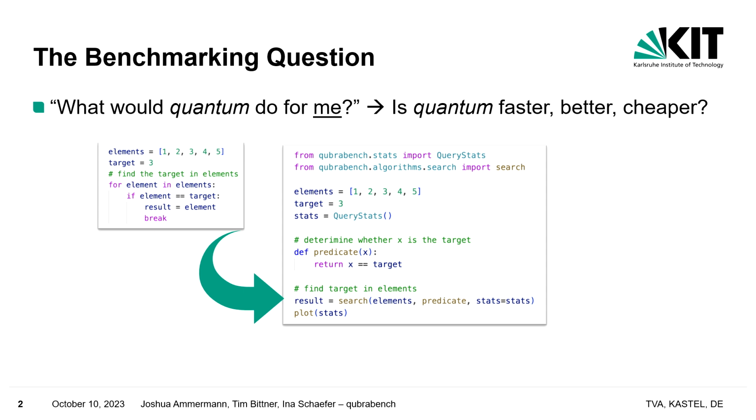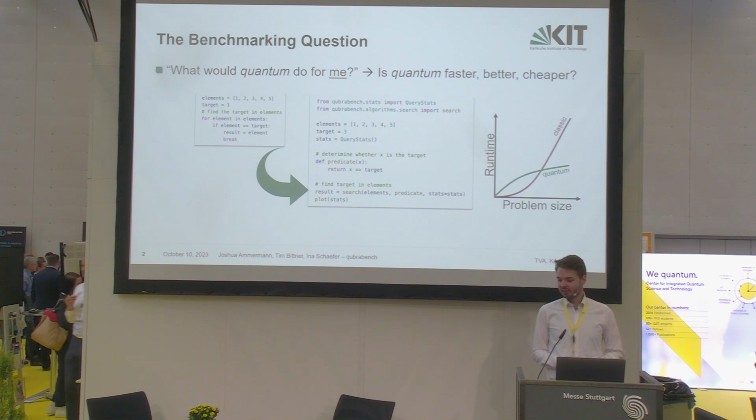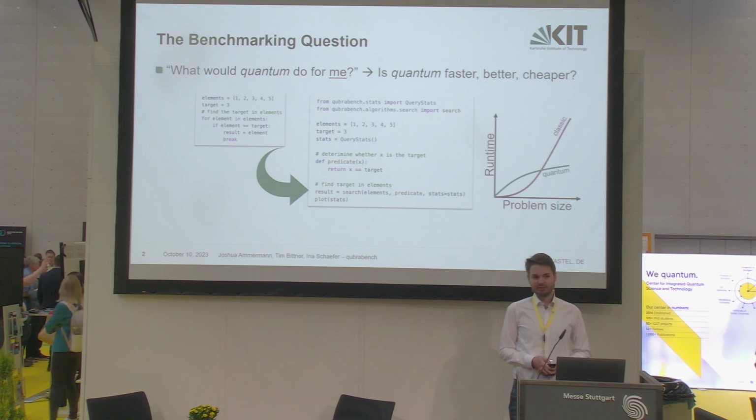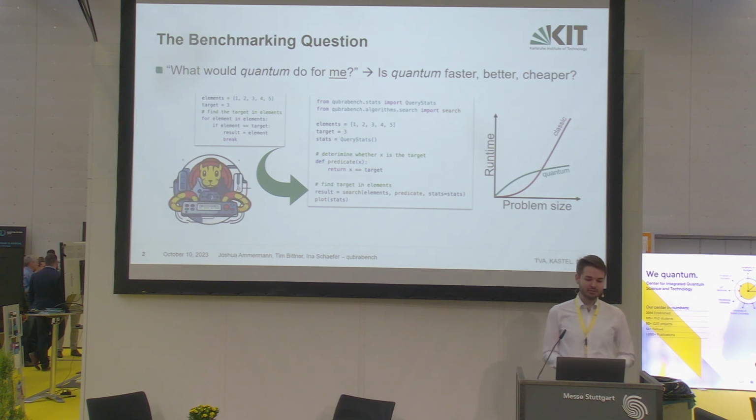If we write it this way, we can derive something like this, where we can say, hey, once our list grows bigger, we can see the runtime increases exponentially for classical problem instances, but for quantum, we might have a better growth factor. And to get this kind of transformation on the right, this reformulation and then the plots in comparison, I brought Qubrabench today.